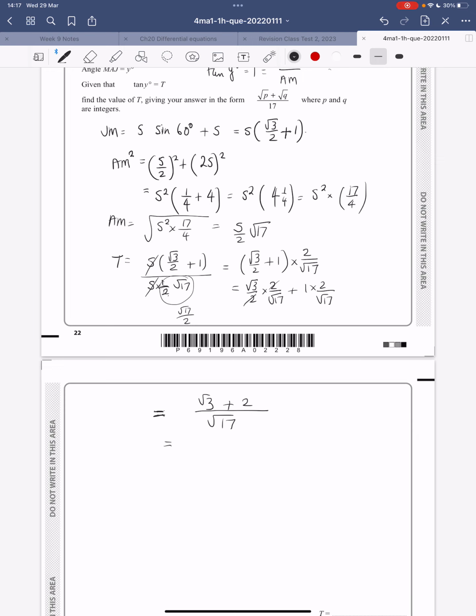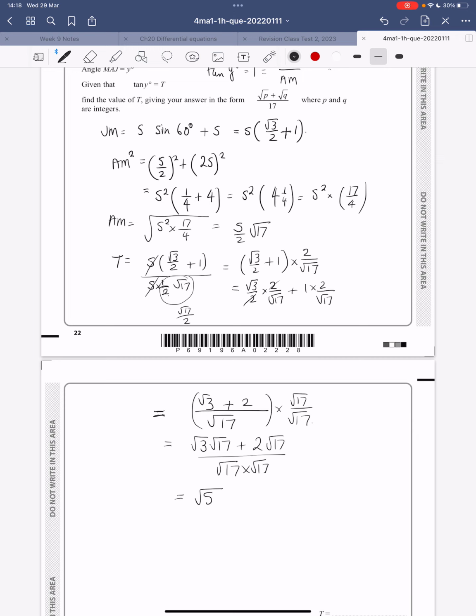Okay, I'm going to rationalise the denominator, because we want 17, a whole number, in the denominator. So we'll do root 3 times root 17 plus 2 root 17 over root 17 times root 17. So basically you multiply top and bottom by root 17.